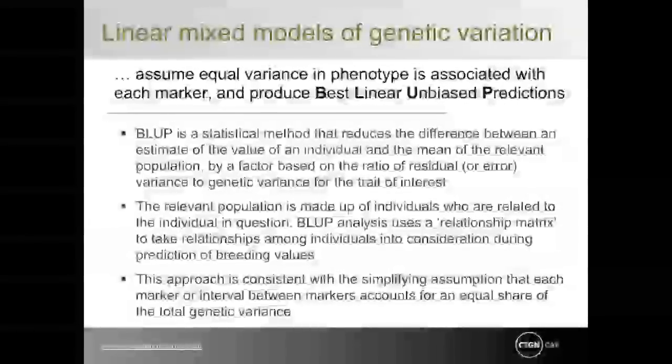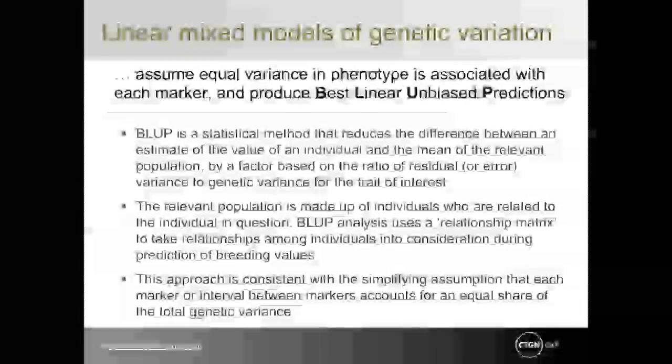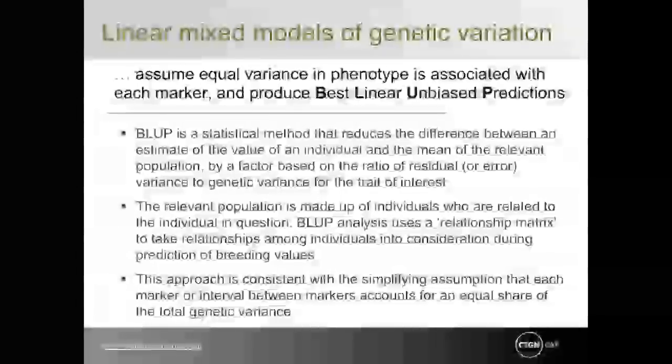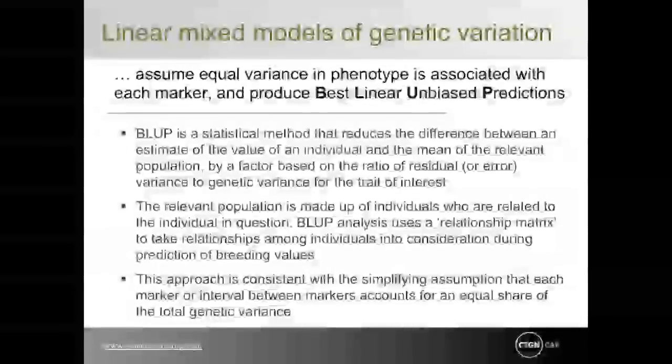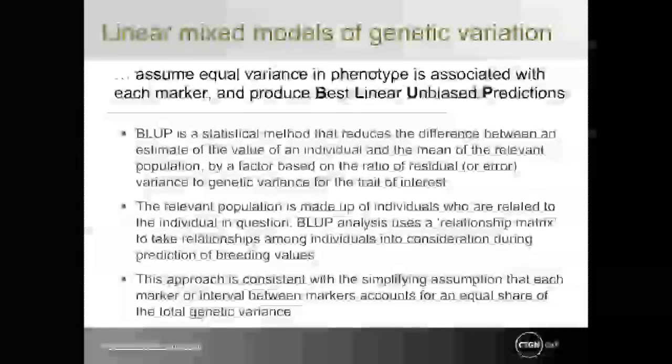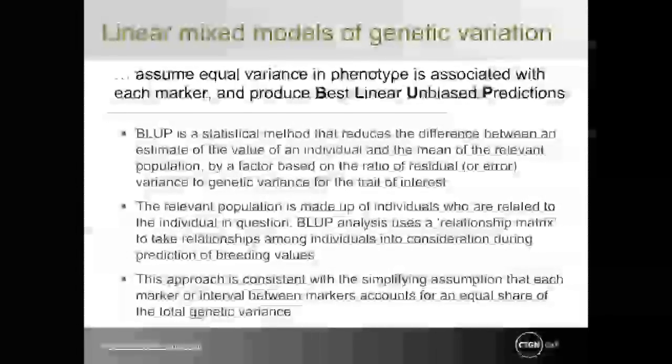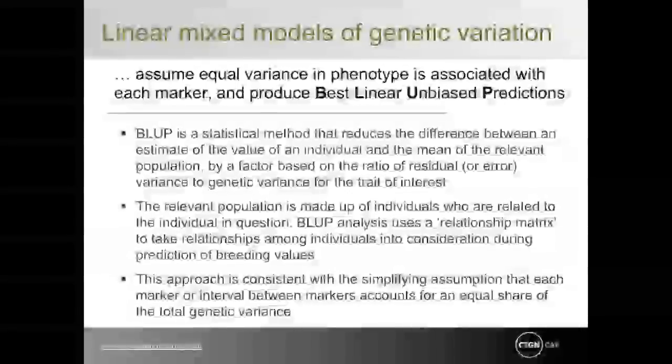The phenotype of the individual may be more extreme than its estimated genetic value, and the shrinkage factor is so named because it reduces the difference between the estimated genetic value and the mean of the population relative to the difference observed between the individual's phenotype and the mean of the population. This method works well, particularly when the related individuals used to estimate the genetic value of an individual are progeny of that individual.